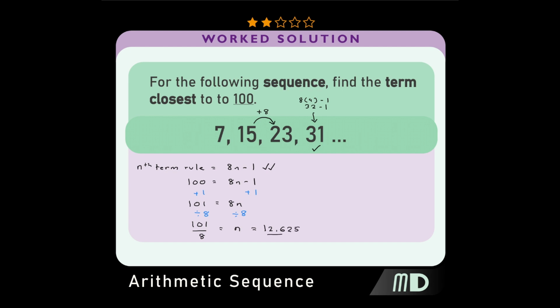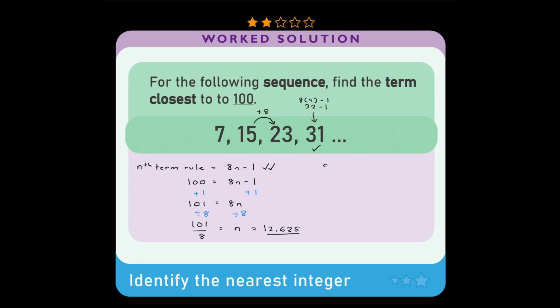However, positions in a sequence can only be whole numbers. So we need to round 12.625 to the nearest whole number to find the term that is closest to 100, giving us a value of n equal to 13.